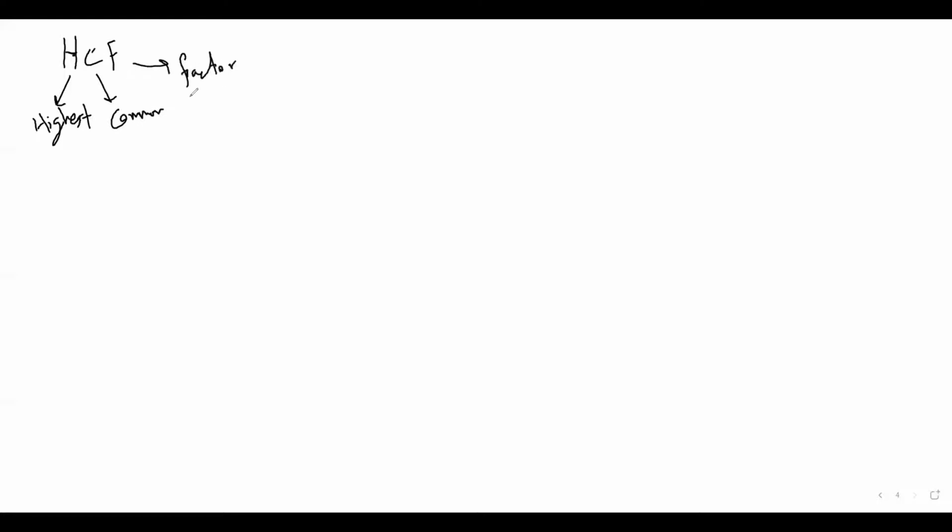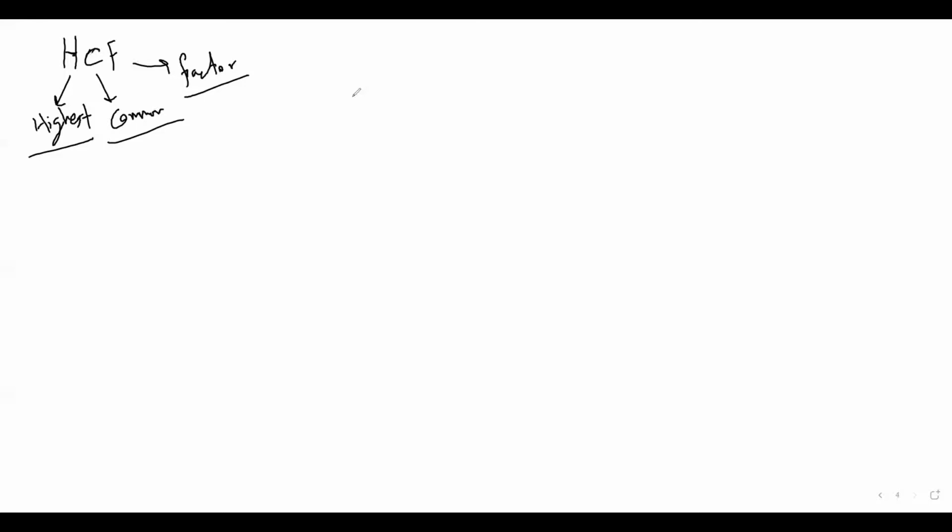Now, you know what factor means, you know what highest means, and you know what common means as well. So we must be talking about two numbers, and we want to find out what is the highest common factor between those two numbers.